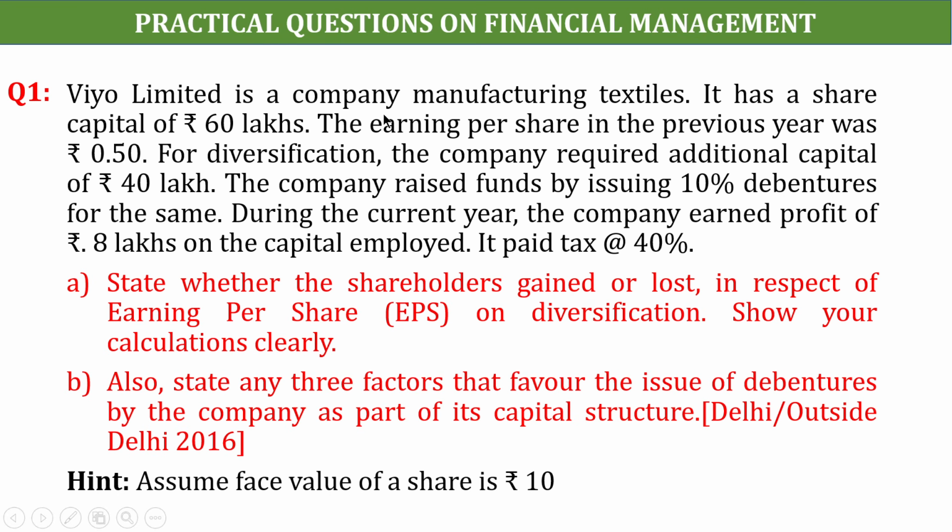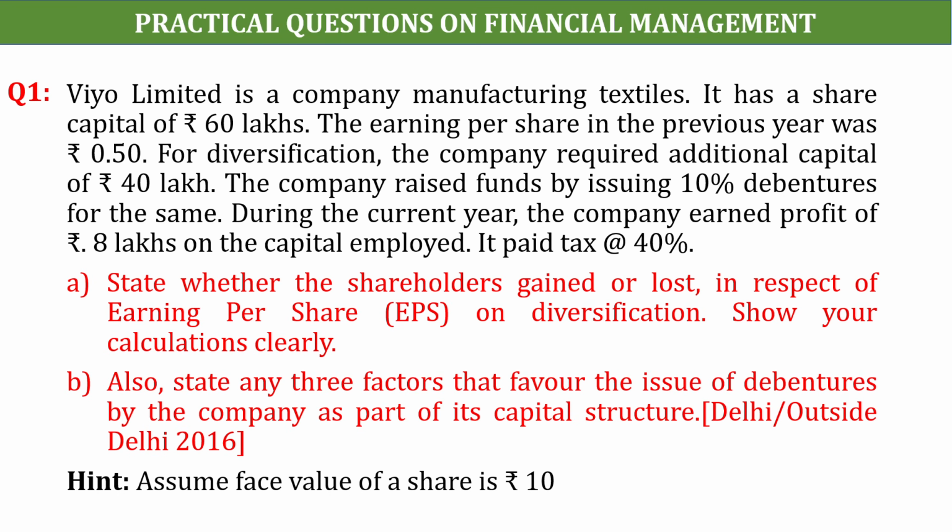Before we read the case study, we need to understand certain different concepts. That is the meaning of diversification. When a company expands the business by adding more products, it is known as diversification. Capital structure means deciding the ratio between debt and equity. So under which situation should the fund be raised through the debt component, and under what situation should the company raise the fund through the equity component?